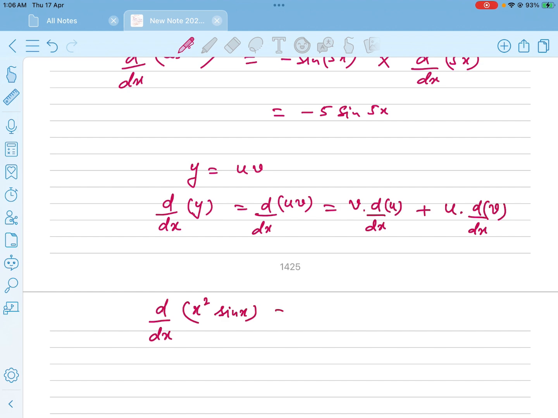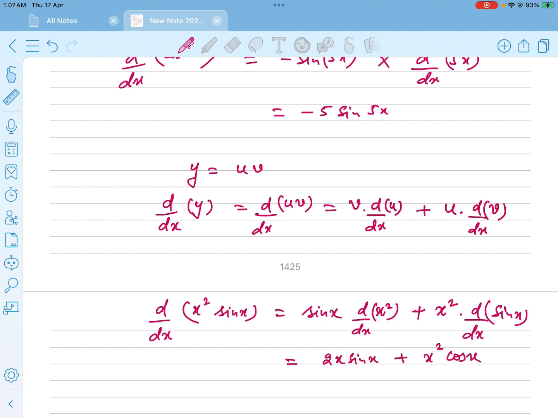So in this case what I'll do, I'll keep one of the functions intact, say sin x, and I will find out the derivative of the other function, plus I'll keep the first function intact, x square, multiplied by the derivative of the other function. Alright, and we'll simply put the values. So derivative of x square is 2x, so this will become 2x sin x, plus derivative of sin x is cos x, so this becomes x square cos x. This is the answer.